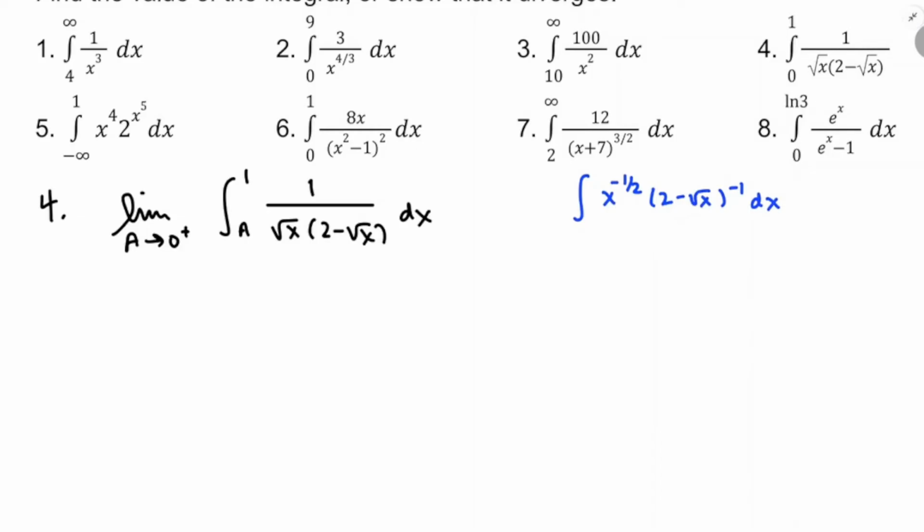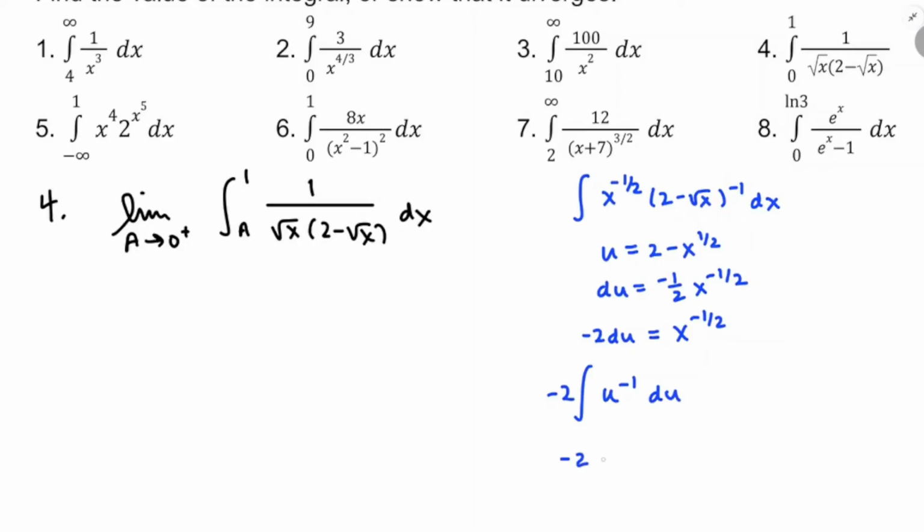And I'm going to then say u equals 2 minus the square root of x. So du is negative 1/2 x to the negative 1/2. Of course, I just have 1x to the negative 1/2, so that's going to be negative 2 du. So now I'm integrating negative 2 times u to the negative 1 du.